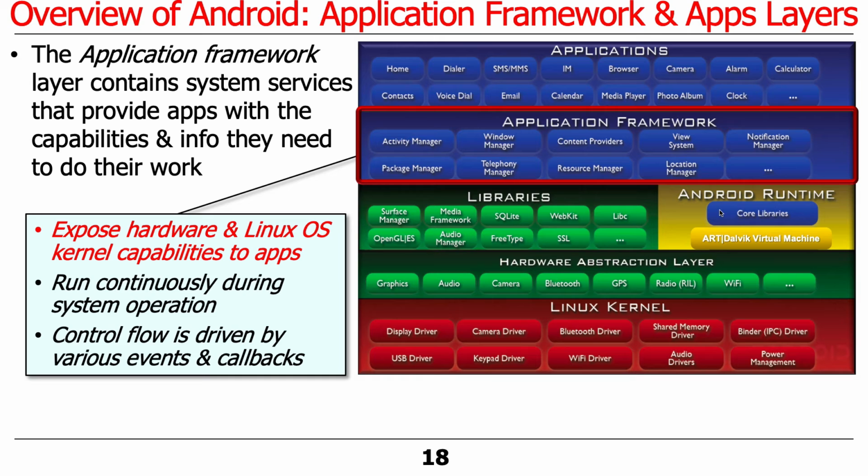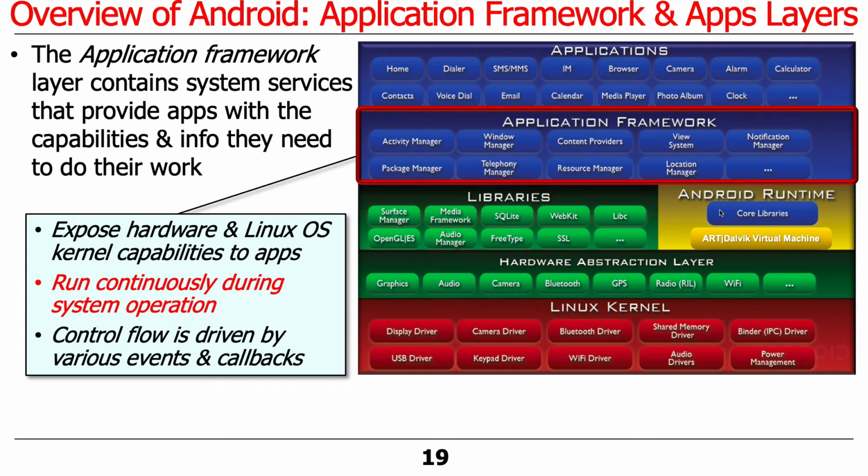Something else that the application framework does is it gives you a bunch of services that run continuously while Android is up and operating. So for example, your window manager is always running, or at least it always should be running. Your telephone manager should always be running. Keeping track of your location should always be running. There's some other things like the activity manager we'll talk about in a second that should always be up and running.